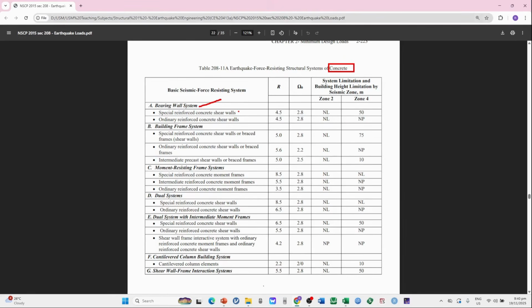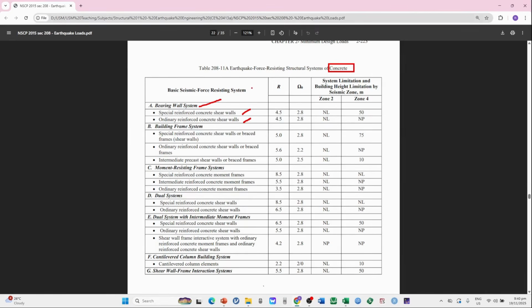We have two types of bearing wall systems. I don't know why, but they almost have the same special reinforced concrete. I will not discuss here how we can design special, ordinary, intermediate, etc., because that's outside of this topic.